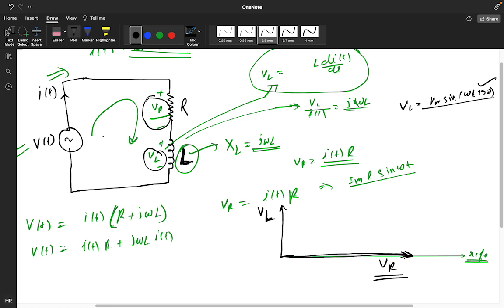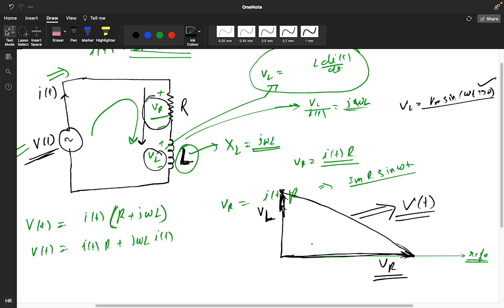And if you want to know what V of t is, it is V of R plus V of L. V of R is getting added to V of L, so you have to take it like this, adding V of R to V of L. And this belongs to the voltage V of t.